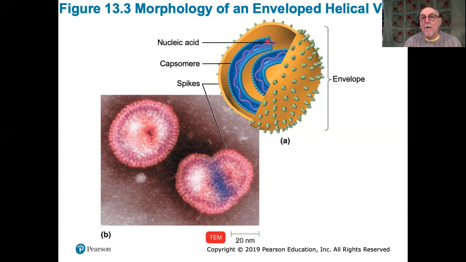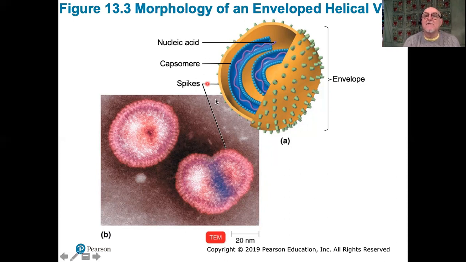Now, this envelope here has a special origin, which we'll discuss in a minute. But this is very typical of animal viruses, that the capsid of the virus, here's the helical strand of nucleic acid in the middle of the virus inside the capsid.